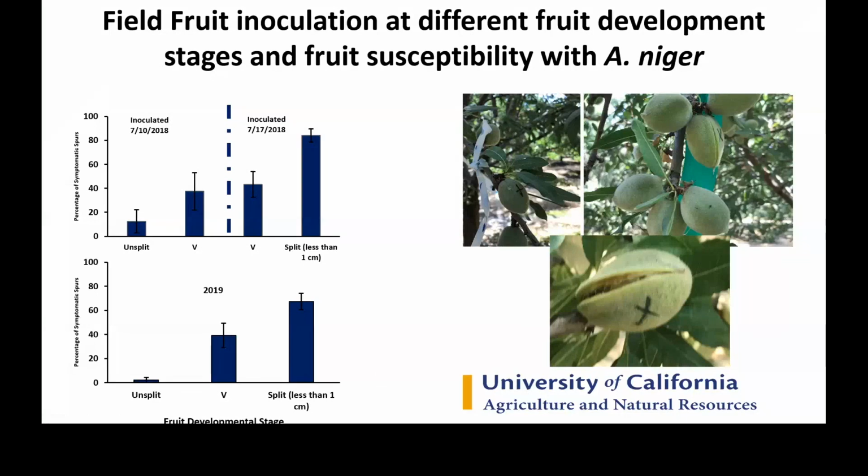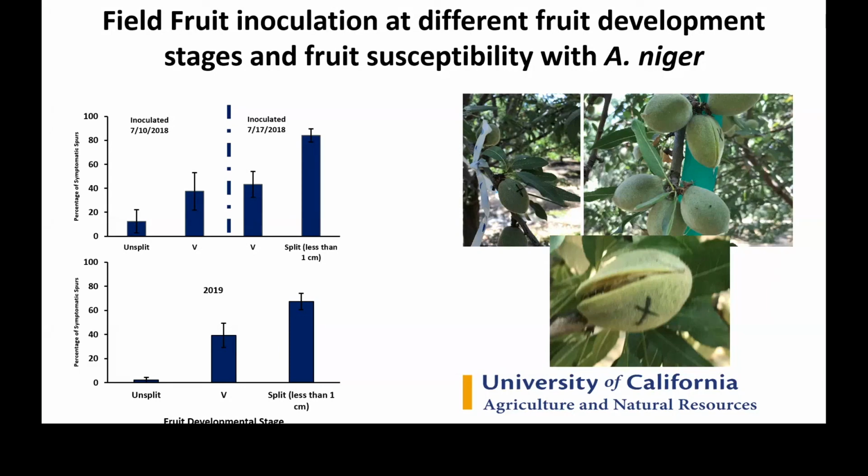So my work, what I did exactly, was very simple. I have a suspension of Aspergillus niger and inoculate by placing it. Here is the inoculum being placed on the suture.